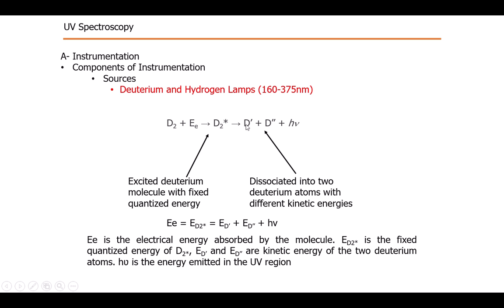Then the molecule is broken up into two deuterium atoms, and the excessive amount of energy is in the form of h nu. This h nu is the energy which falls in the UV region, in UV visible spectrophotometer, and it is of use to fall on the sample and it is detected.